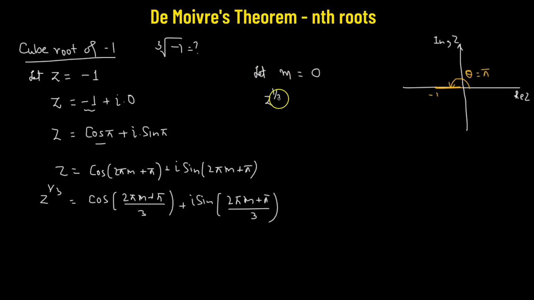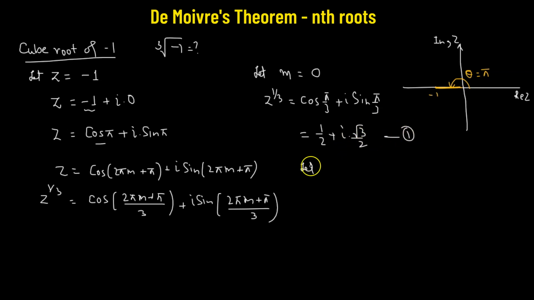When m equals 0, the cube root of the complex number will simply be cosine of pi over 3 plus iota times sine pi over 3. So cosine of pi over 3 is half, plus iota times sine pi over 3, which is square root of 3 over 2. So this is going to be one of the roots.